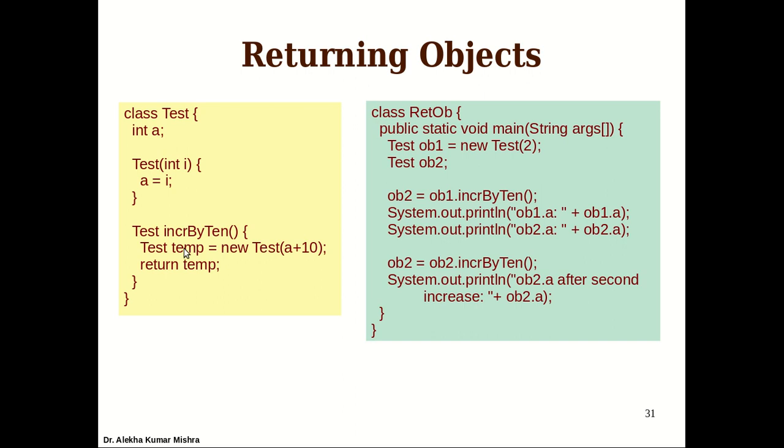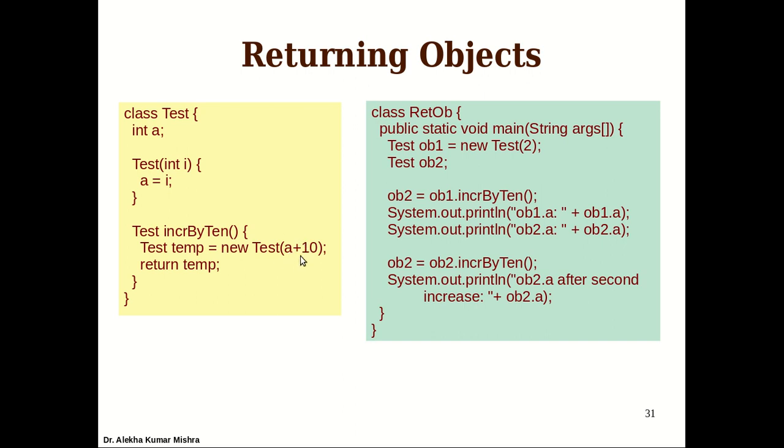We are creating an object inside this method, increase by 10, and temp is initialized with the parameterized constructor by passing the value of A plus 10, because A is a data member here.